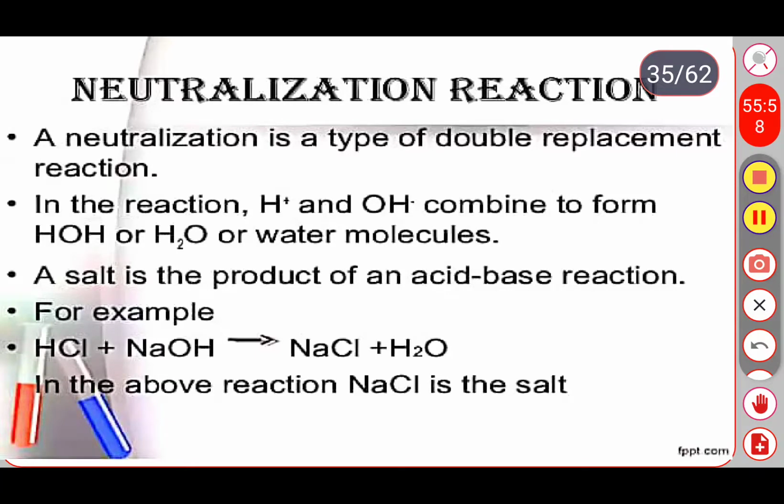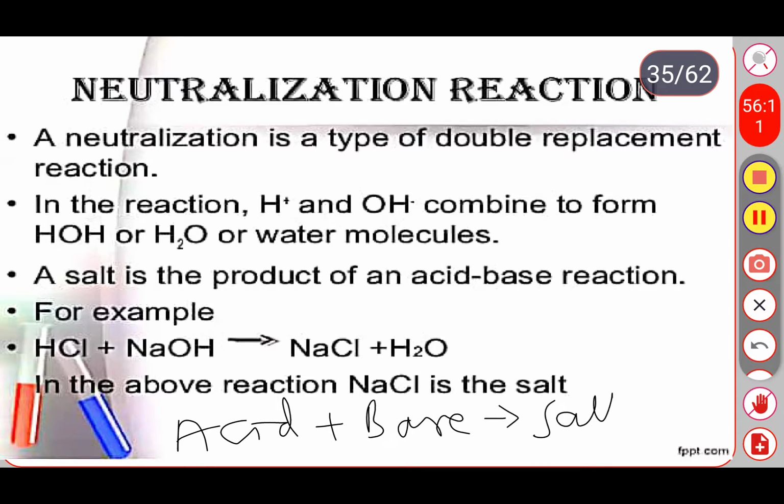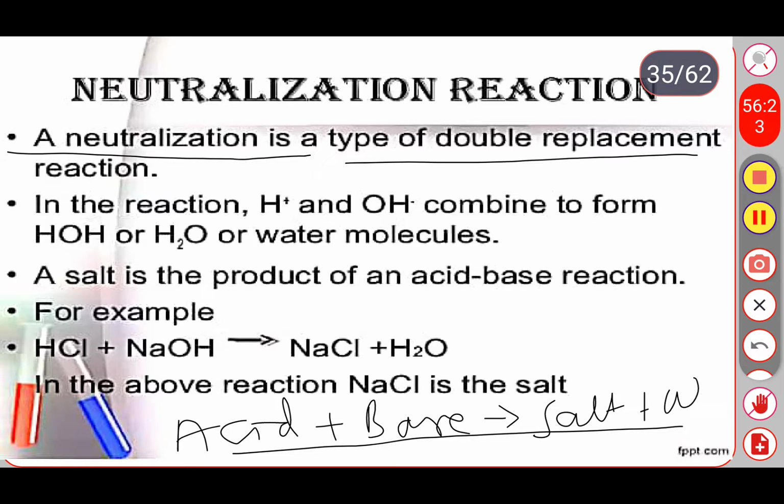A neutralization is a type of double displacement reaction. In the reaction, hydrogen ions and hydroxide ions combine to form HOH. That is nothing but when hydroxyl is combined with hydrogen, it forms a water molecule.